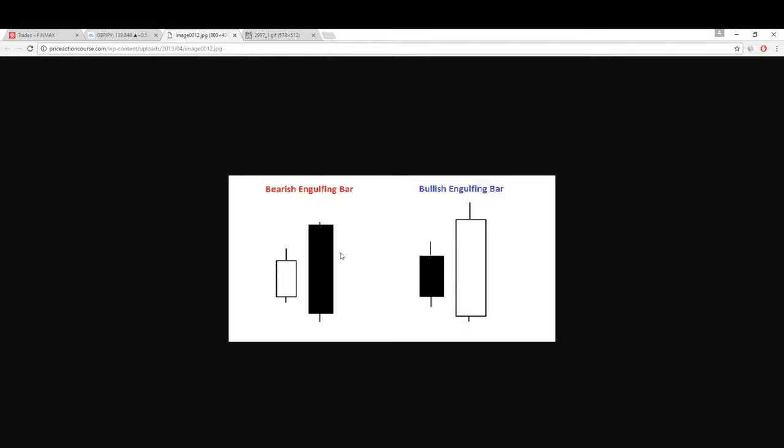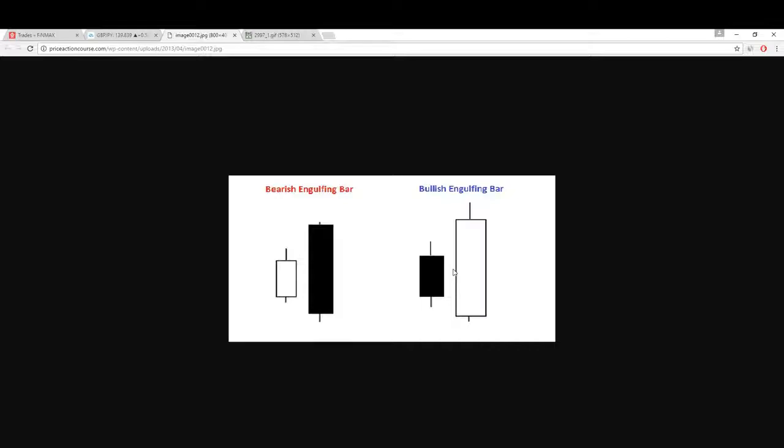So let's say we had the uptrend, and here appeared a candle like this, which shows us a high probability of reversal, a change in trend, and the start of a new trend, which will be for low. Here it's the opposite.